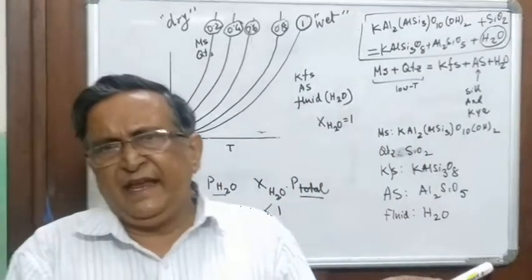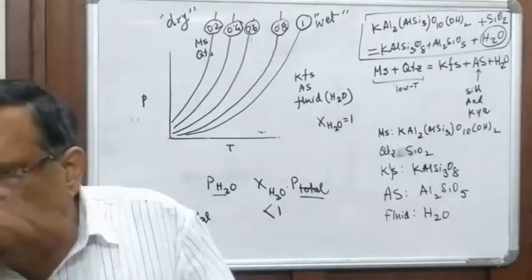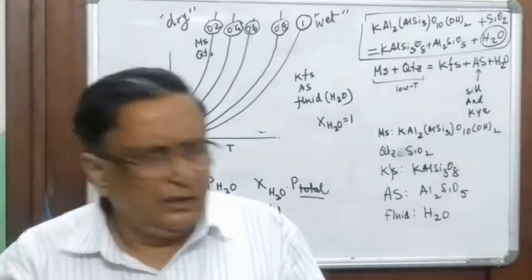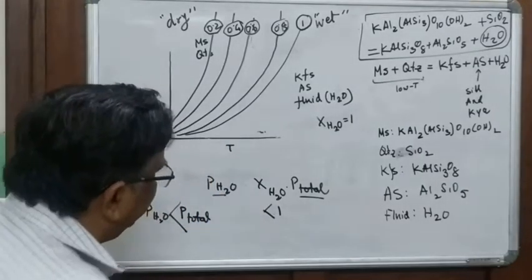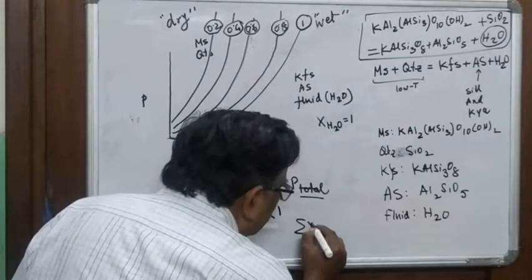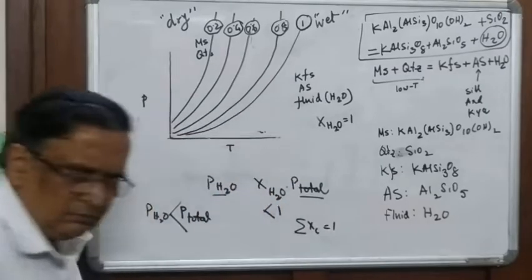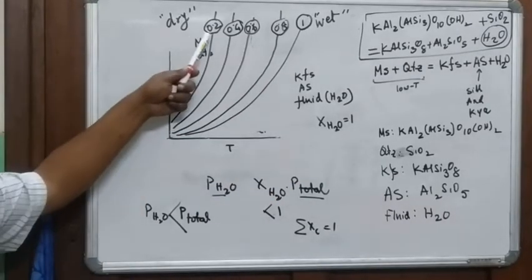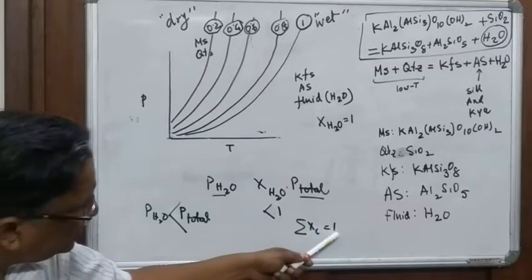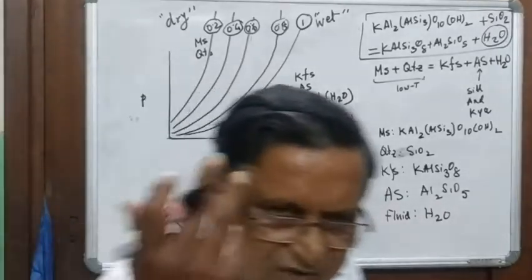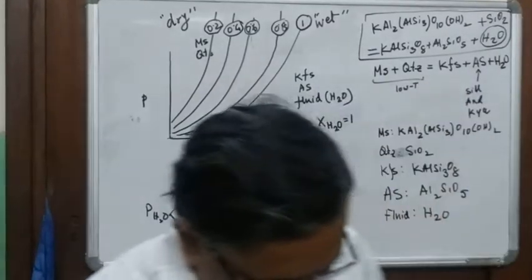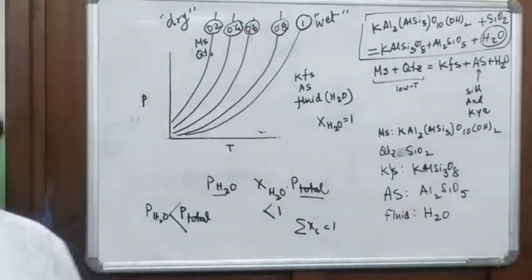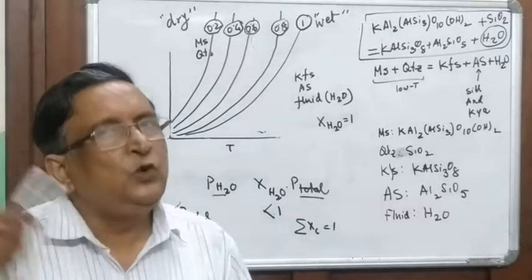Because for a phase, you should have sigma xi equal to 1. So if your XH2O is 0.2, where is 0.8? What is 0.8? This is a discussion that we will do later on.